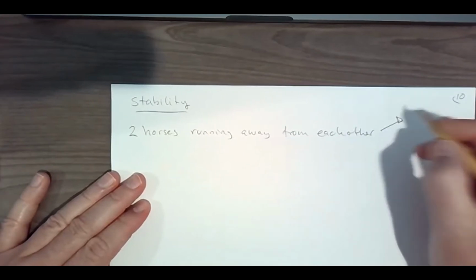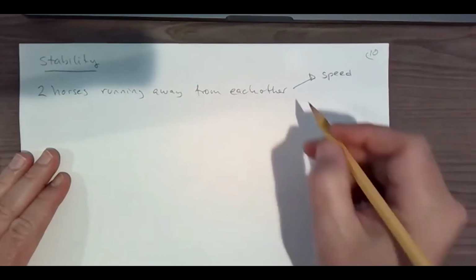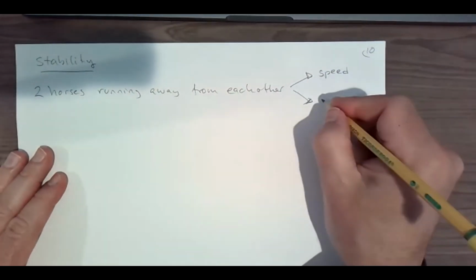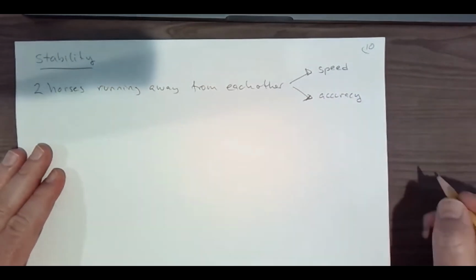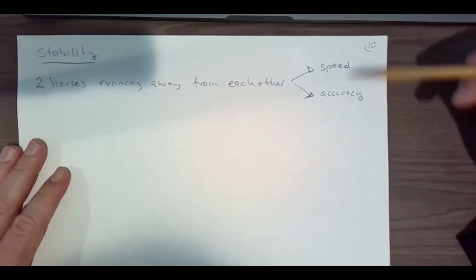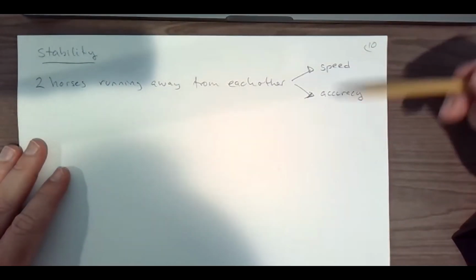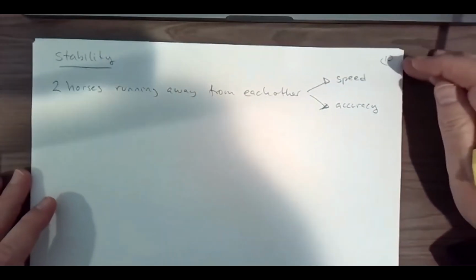On one hand, you want to have speed, and on the other hand, you want to have accuracy. If you want to have accuracy, you have to slow down, and if you want to have speed, we have to let go of accuracy, right? So you have 2 horses running in opposite directions. You can't have both.